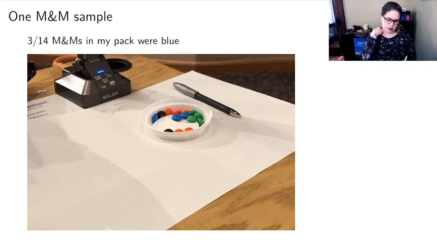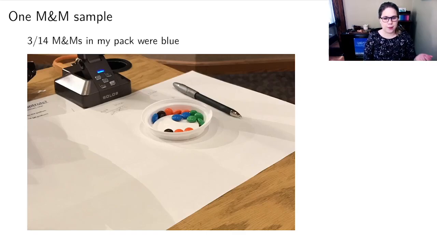If I was in class, I would bring M&M packs for everyone and hand them out, and we would assume that those 90 packs of M&Ms were random samples from the population of all M&Ms. It's not quite a valid assumption because maybe they were all produced on the same day or at the same factory, so they might not truly be a random sample, but they're certainly samples.